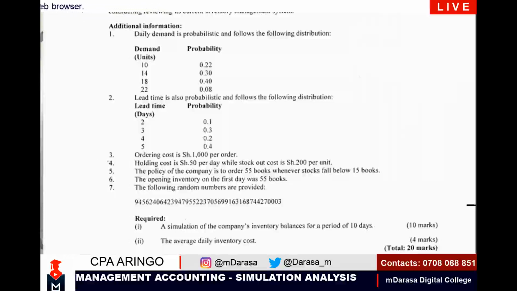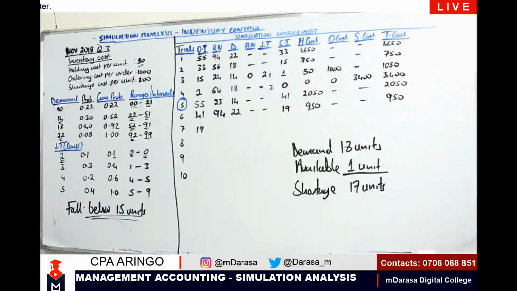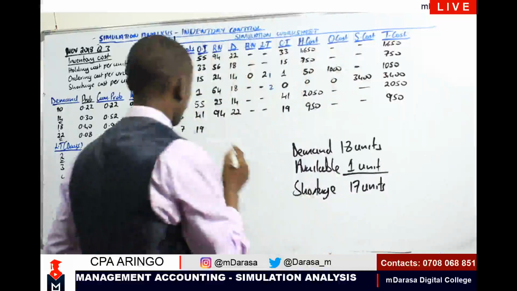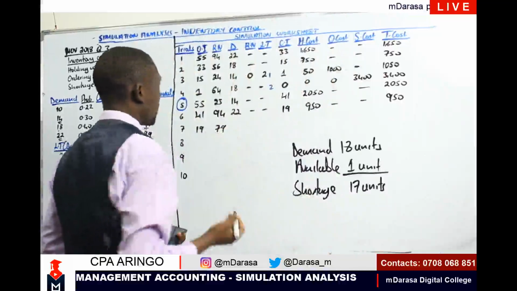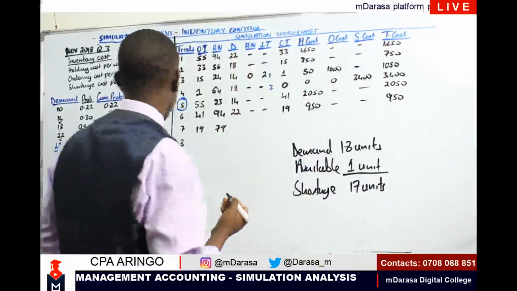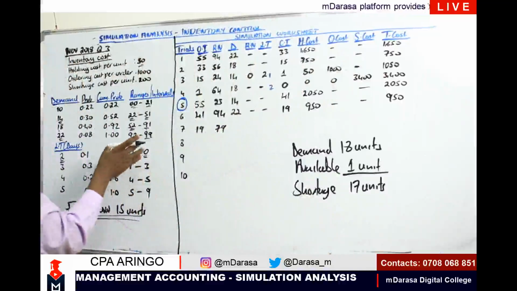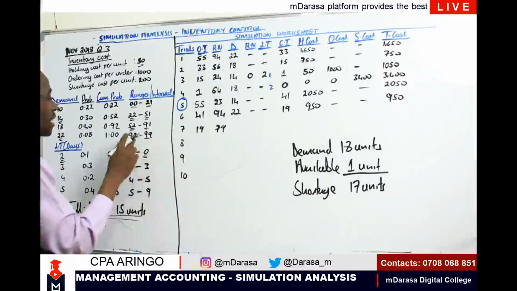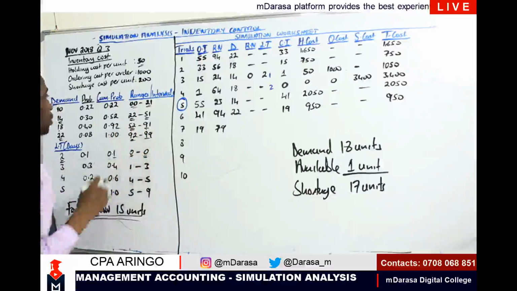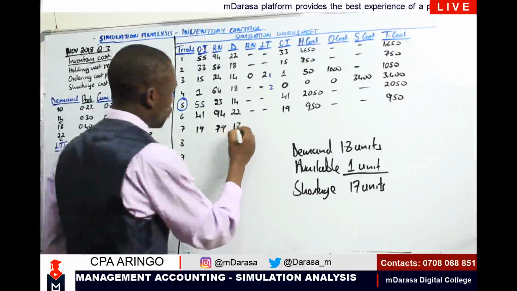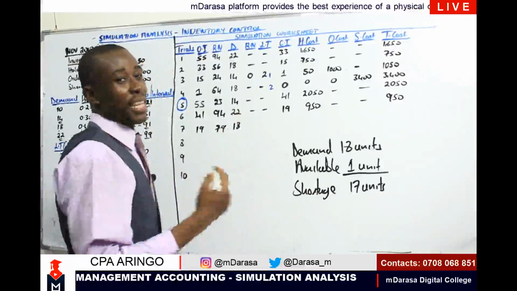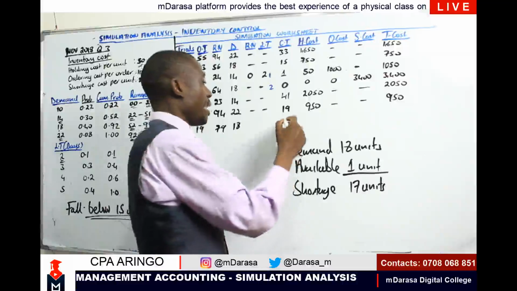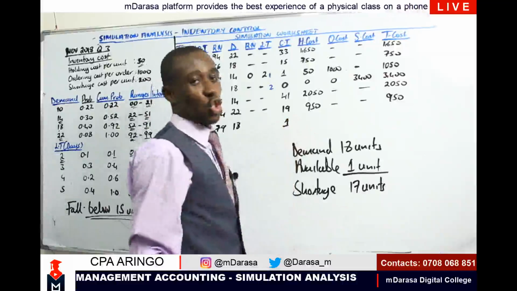So you're going to take 79, demand at that point according to whatever we had prepared in our range. 79 will fall between 52 and 81 to give us 18 units, right? Meaning that as at the end of that day, I'll only be having 1 unit in store.